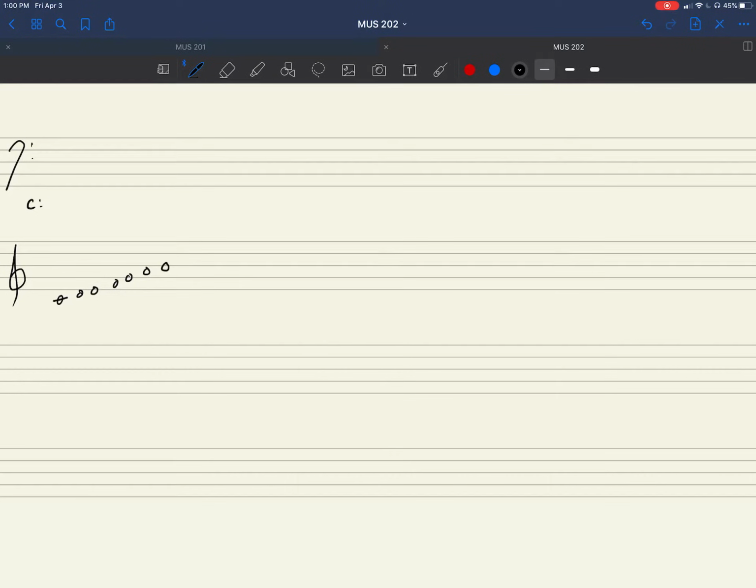In order to figure out what a 7 of 5 is, I still have to go to my 5th scale degree of C. So that's G. So I'm still going to use the key of G to figure out my 7 chord.